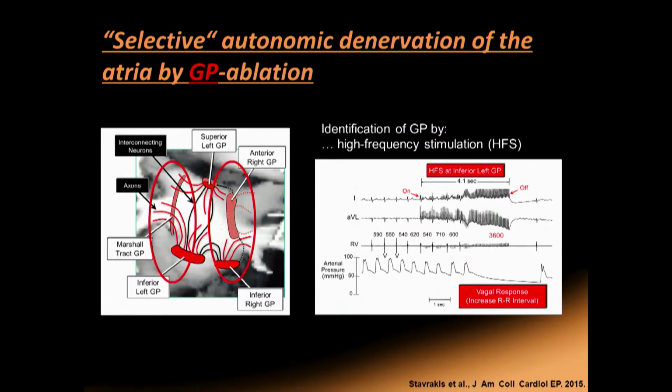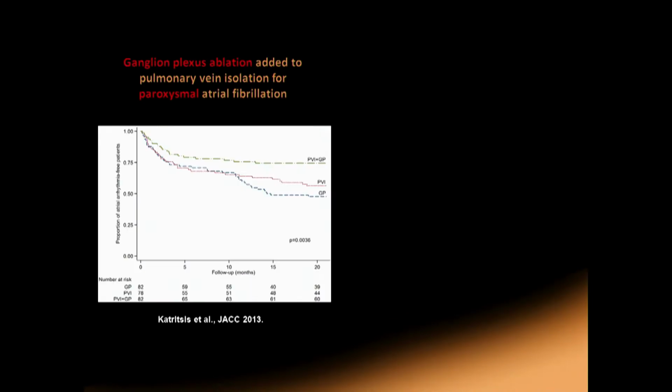So some people already think that you get some modulating effect by pulmonary vein isolation of those regions where GPs are located, and maybe modulation of those GPs by pulmonary vein isolation might play some role for the antiarrhythmic effects. There are some studies showing or trying to show in how far GP ablation can improve pulmonary vein isolation outcome.